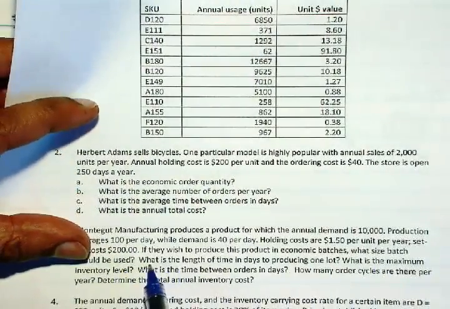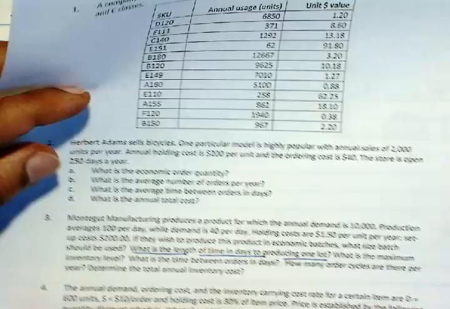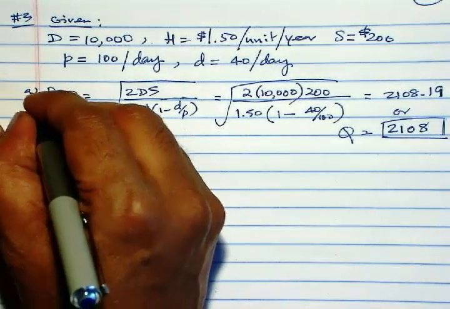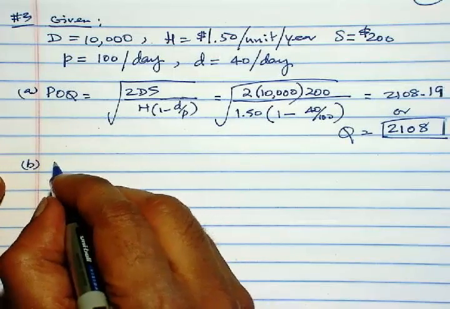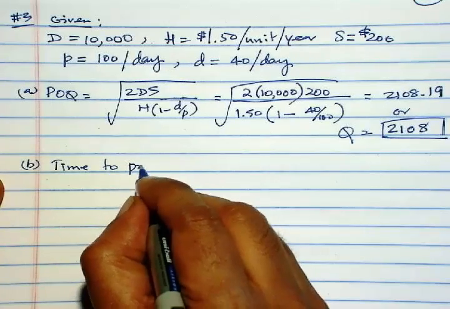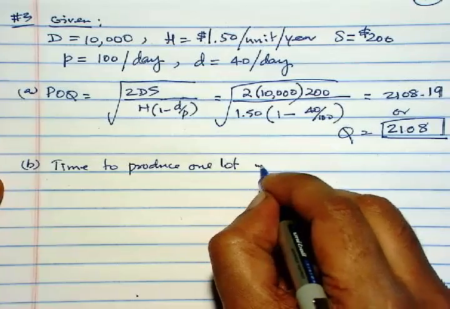So what is the next question is, what is the length of time in days to produce one lot? So let's call this A, and then it is time to produce one lot in days.